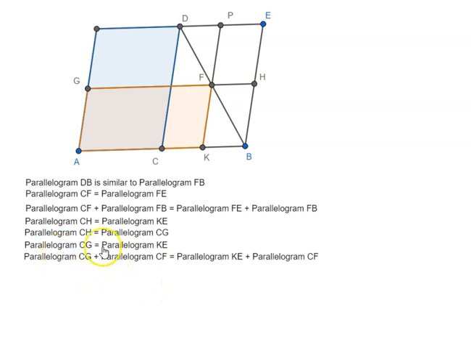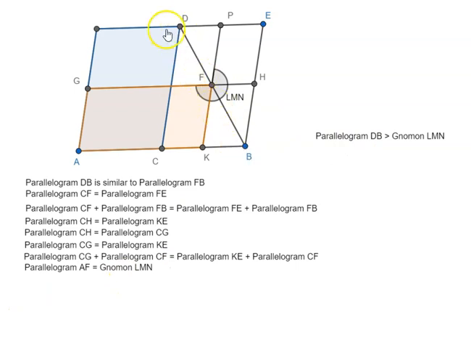Now, to this equality, we add CF to both the sides. So, parallelogram CG plus CF is equal to KE plus CF. Now, CG plus CF would be AF and KE plus CF would be the gnomon element.